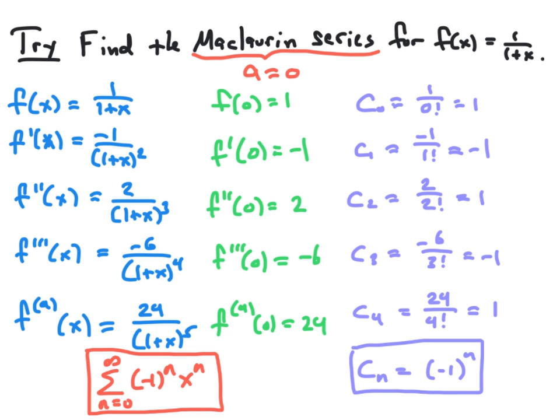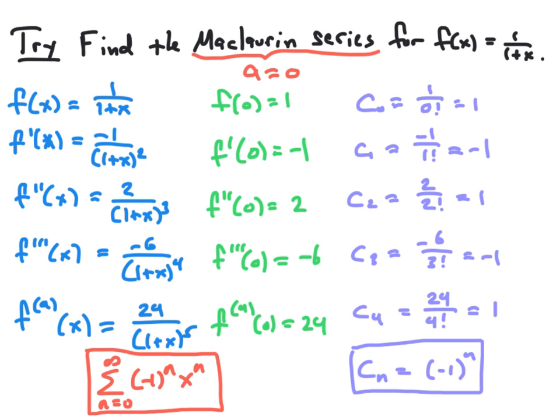When we evaluate each of these at 0, we obtain the values of 1, negative 1, 2, negative 6, and 24, respectively. We then divide each of these values by n factorial to get the values for c sub 0 through c sub 4. When we do that, we get c sub 0 equal to 1, c sub 1 equal to negative 1, c sub 2 equal to positive 1, c sub 3 equal to negative 1, and c sub 4 equal to positive 1.